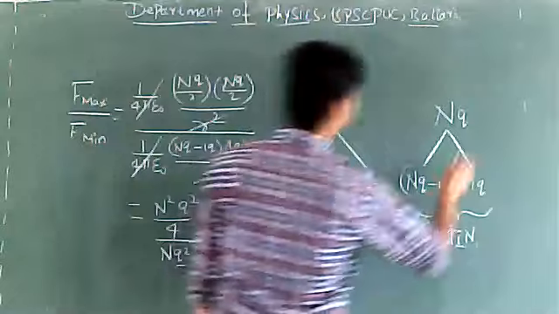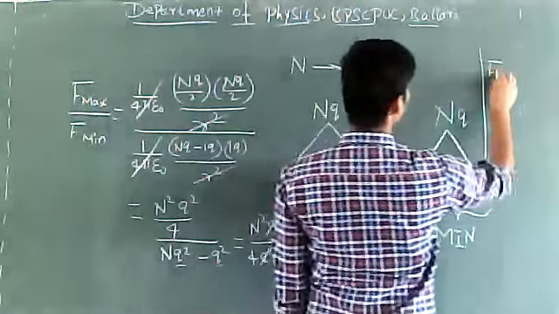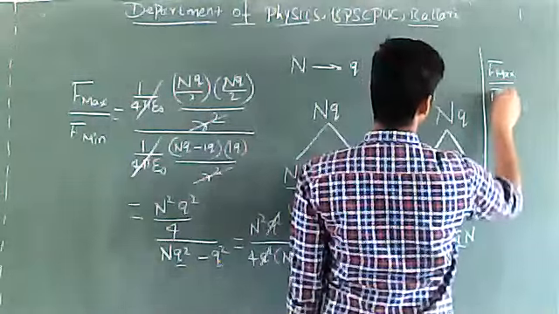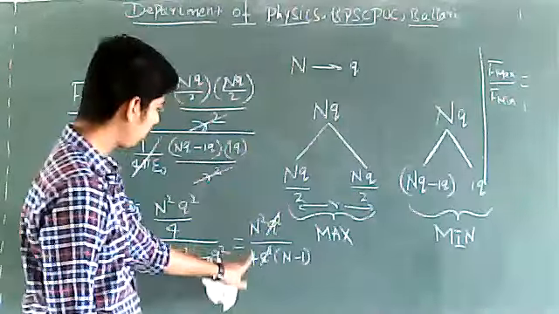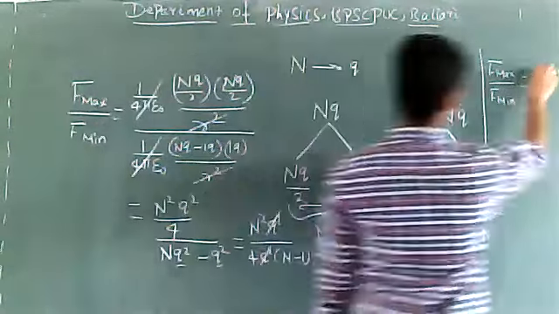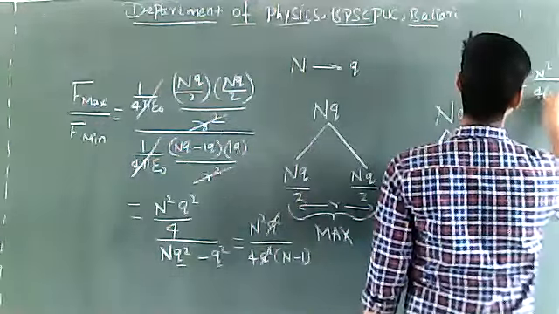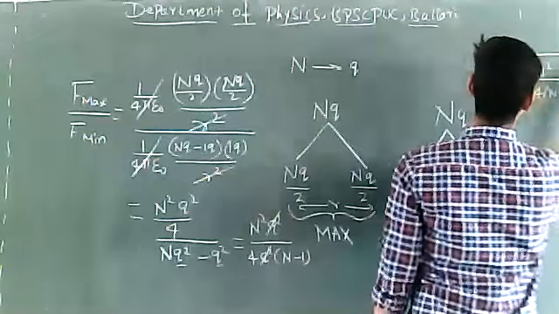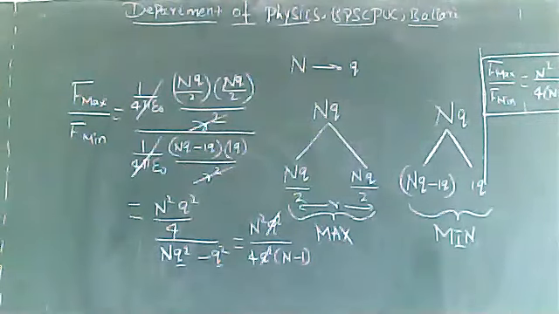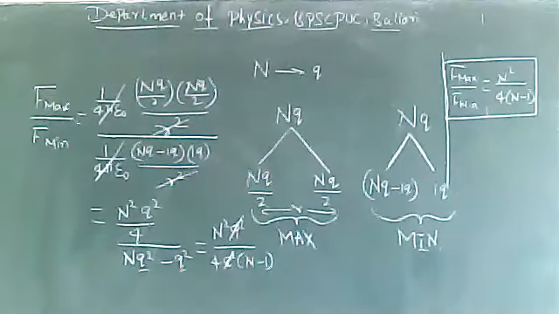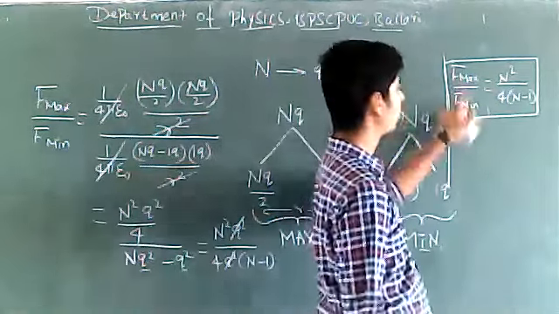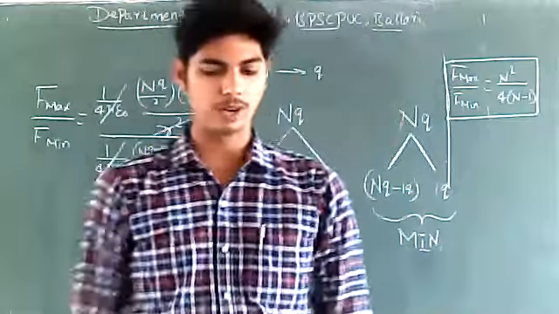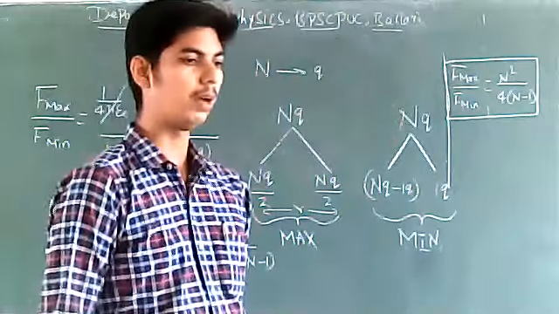So you will be left with F maximum to F minimum as n square divided by 4 into n minus 1. This will be the ratio of maximum force to minimum force: n square divided by 4 into n minus 1.